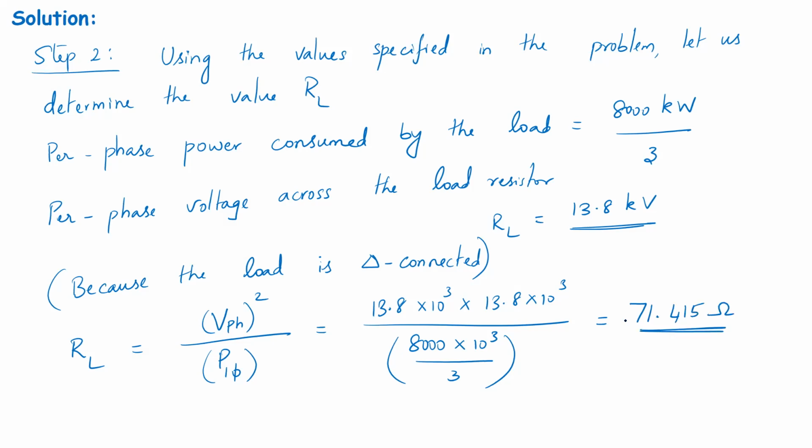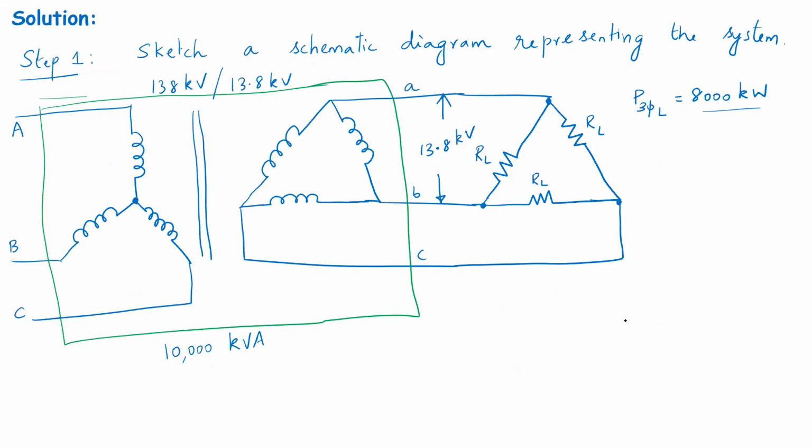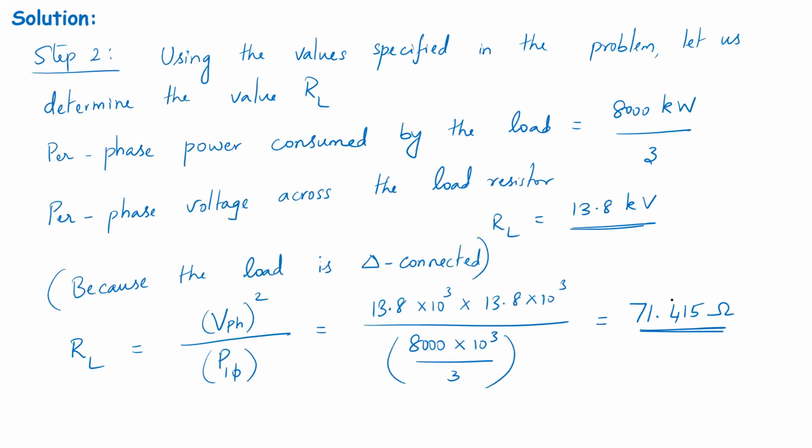So I'm going to go backwards in my slide and indicate RL is equal to 71.415 ohms from the next slide. So as per the calculations that I did on the next slide, I found the value of RL, which is the balanced resistance per phase of the delta connected load, to be 71.415 ohms. Now this is step 2. So we have calculated RL.